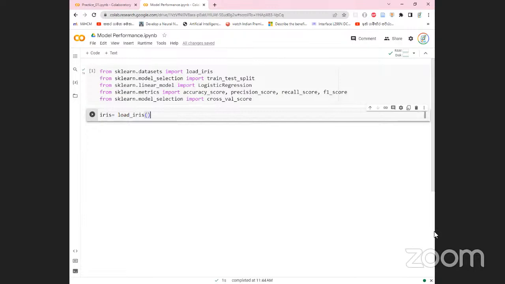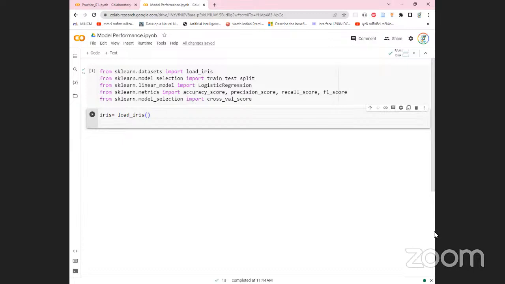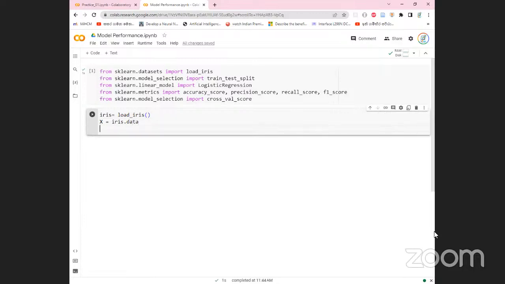So we are going to use the iris data set, then divide it into two, like iris dot data. So we separate the data set into data and the target.